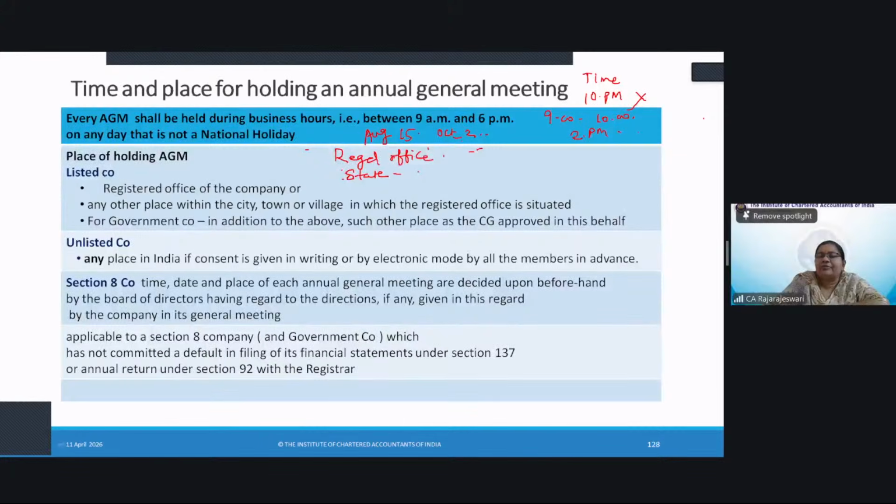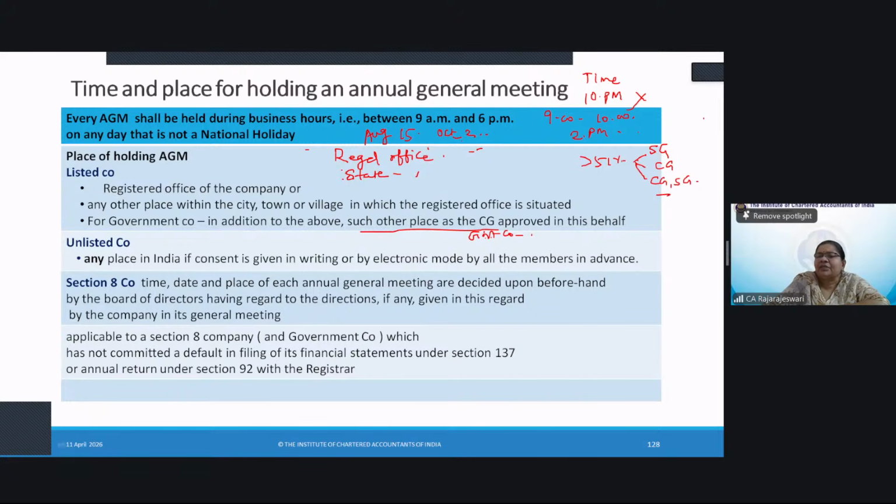See, if it is a government company, in addition to the above, such other place should be approved by the central government. If the central government has approved a place, the government company can hold the AGM there. Government company means where more than 51% of the share capital is held by state government or central government, or partly by state government and central government.